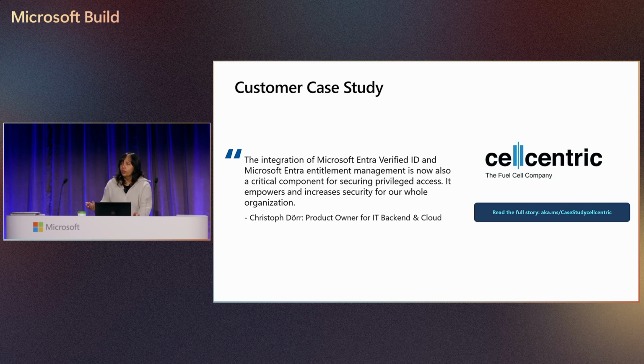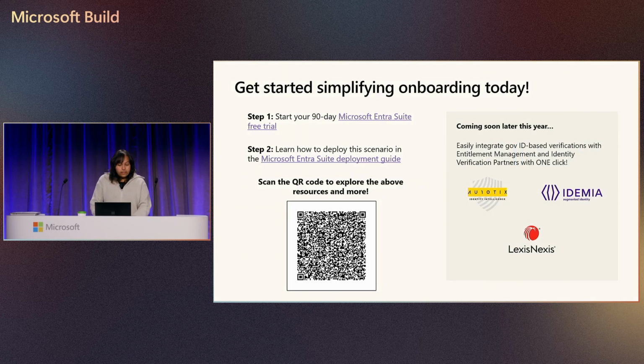Now when a user goes to request an admin role at Centric, they have to provide their admin verified ID, and then they're automatically approved to be an admin for a specific amount of time, and it's automatically removed after that time. So you don't have to manage removing that access either. It's all handled for you. Much less hassle, way more secure. And we published a case study about it, which is in our collection if you want to read more into the details.